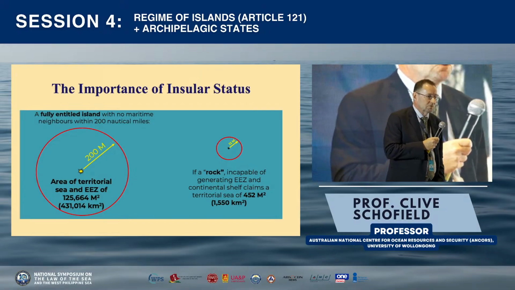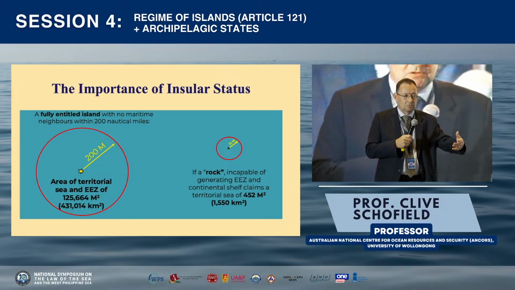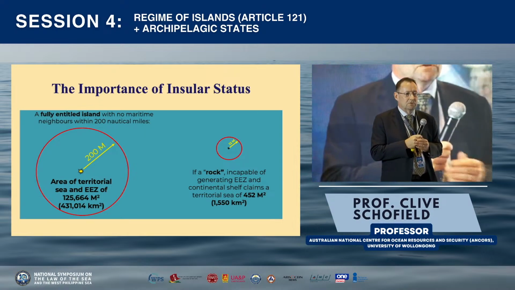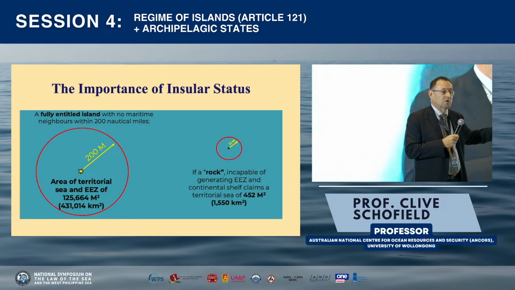So an enormous distinction in terms of capacity to generate maritime entitlement, but with that comes implications for the delimitation of maritime boundaries. Because only a fully entitled island can be used as a base point for delimitation of an EEZ boundary.